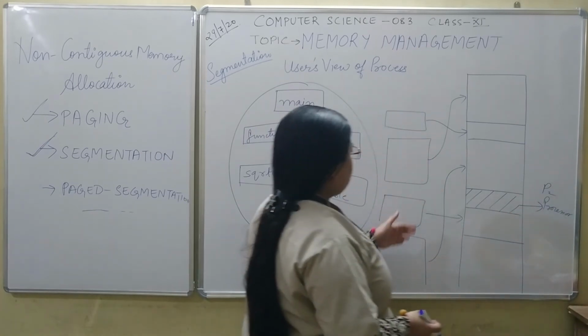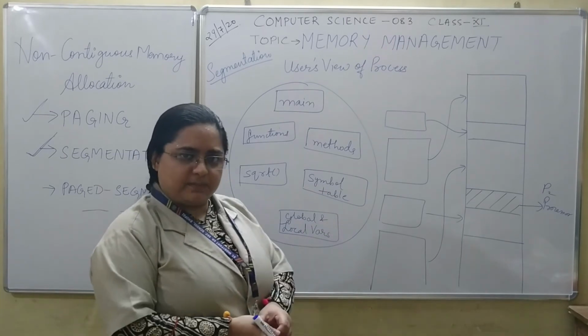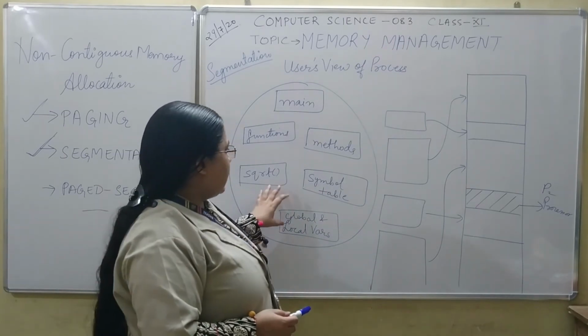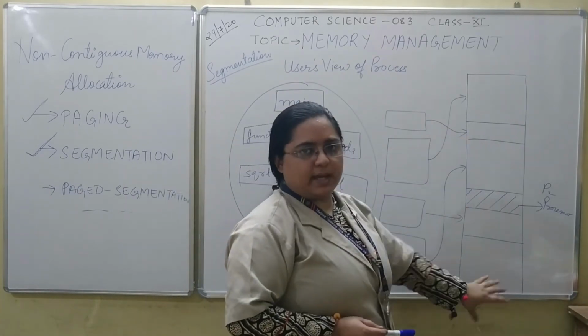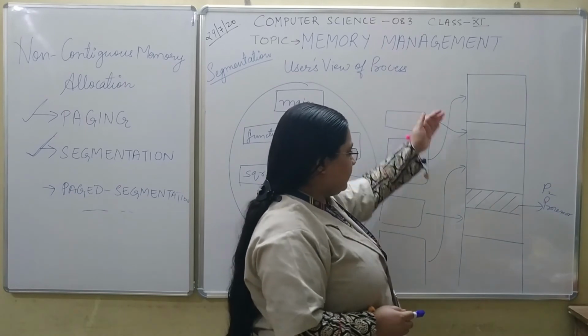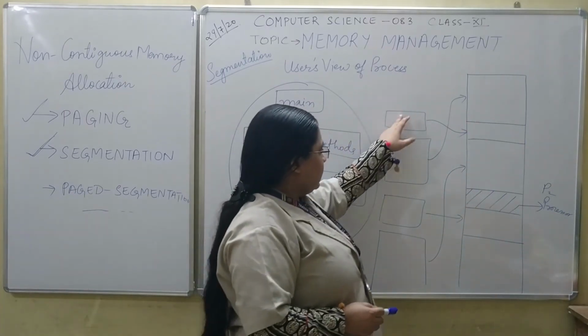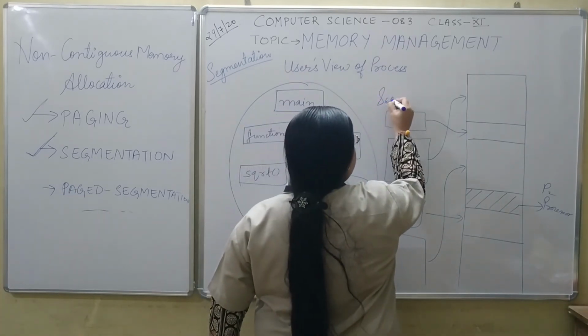So here a combination is used, that is, your memory is divided into frames, but they are not of fixed sizes, they are of variable sizes, and each of those frames stores these variable sized segments together. These are known as segments.